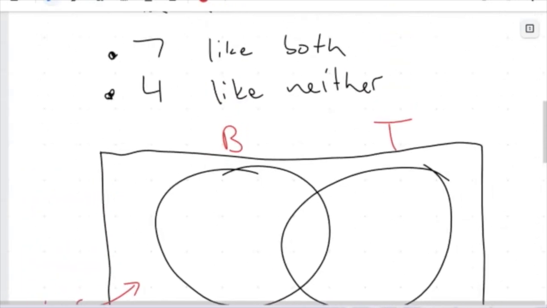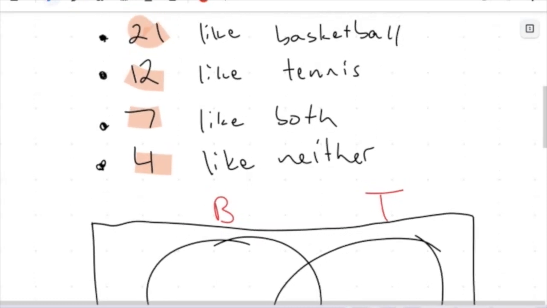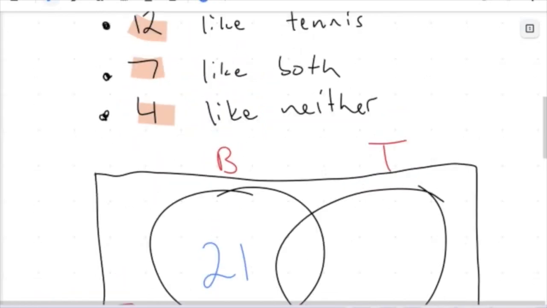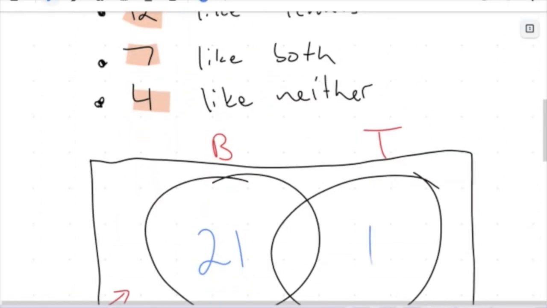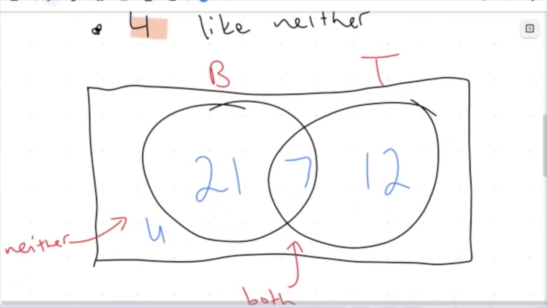So what students typically do is they just read off here and plug all these numbers right into our Venn diagram. So they go, okay, 21 like basketball, 12 like tennis, 7 like both, and 4 like neither.